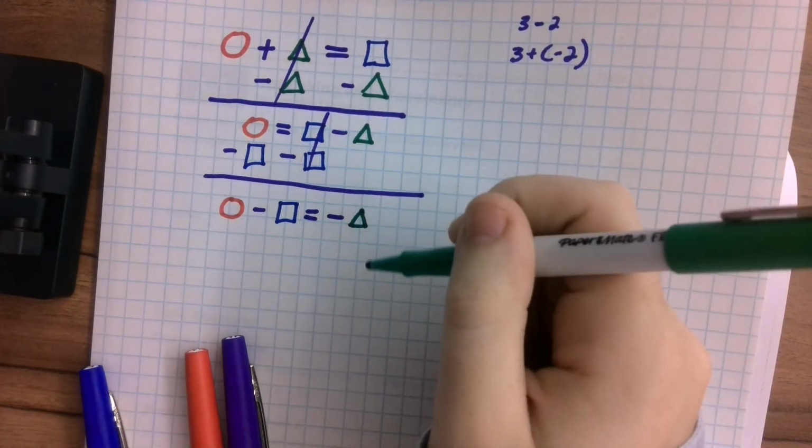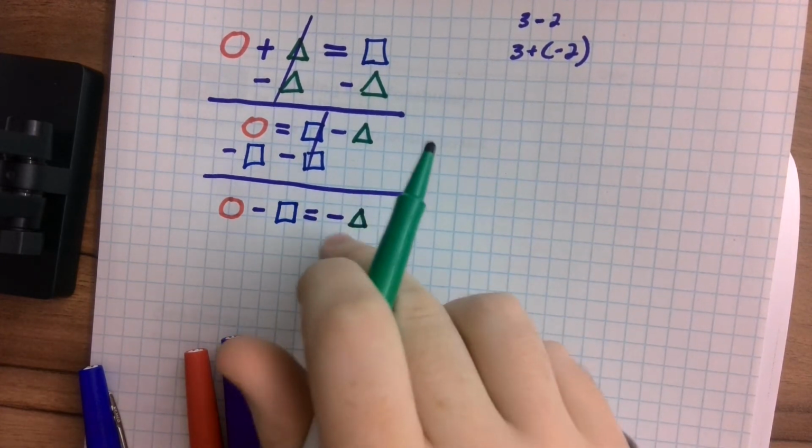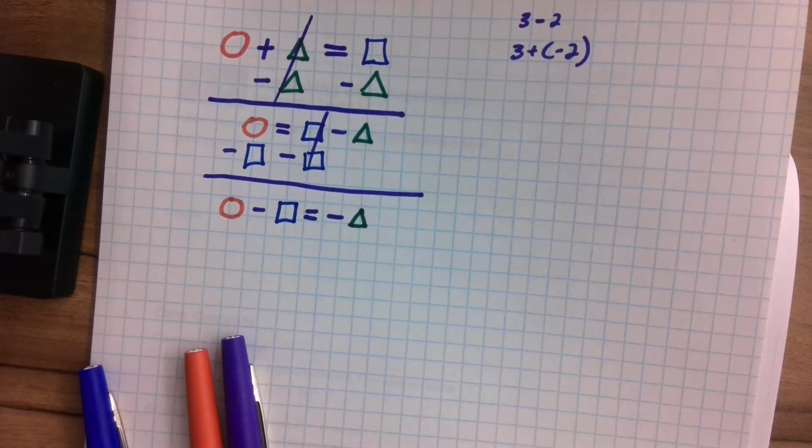Now, if you remember the trick with how to get rid of a negative, you could flip the sign of everything in the equation. You can just do that straight up. If you don't remember the trick, we need to think about what this negative sign is. Is it subtraction? Is it addition? Is it multiplication, division?